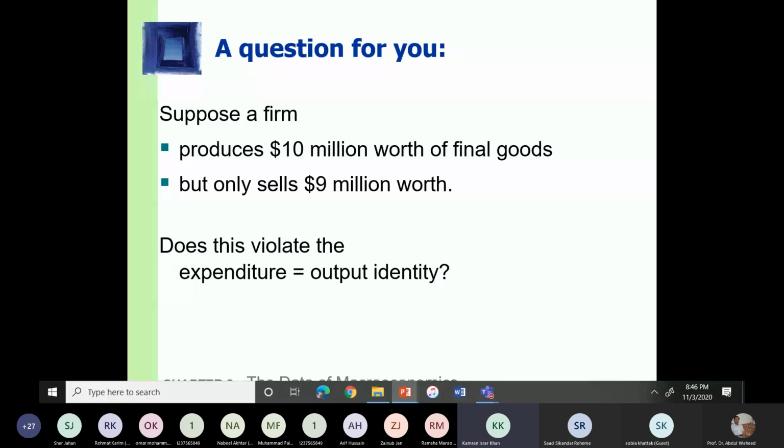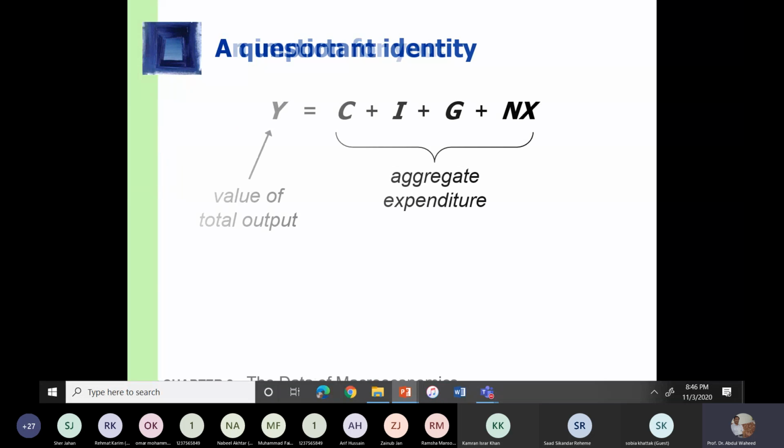Stock. Stock of what? Inventory. Yes, stock of inventory. And inventory is what? We just discussed कि inventory क्या गुड्स है? अनसोल्ड गुड। स्टॉक ऑफ अनसोल्ड गुड इज इन्वेंट्री, बट इन्वेंट्री जो है वो कौन सा कंपोनेंट है यहाँ पे?